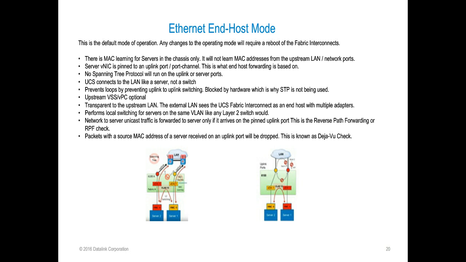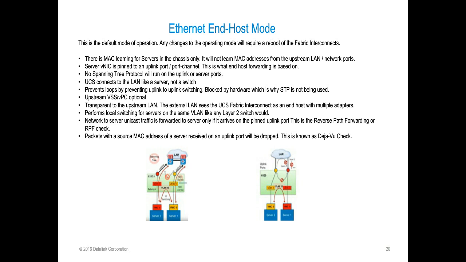So what are the features? Well, there is MAC learning for servers in the chassis only. It will not learn MAC addresses from the upstream LAN or network ports. The server vNIC is pinned to an uplink port or port channel. This is what end-host forwarding is completely based on.